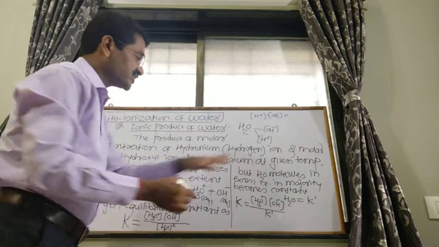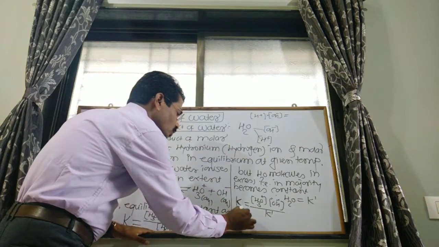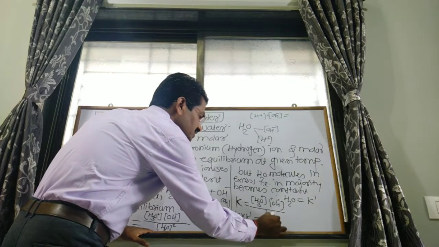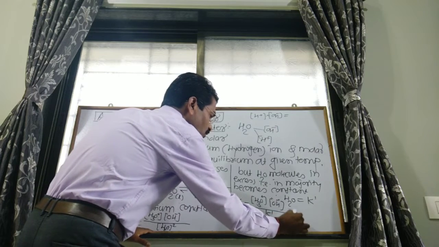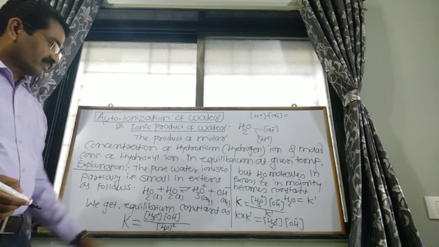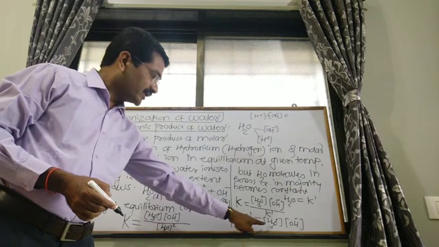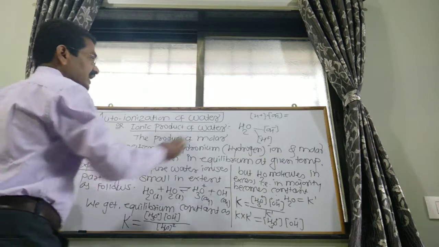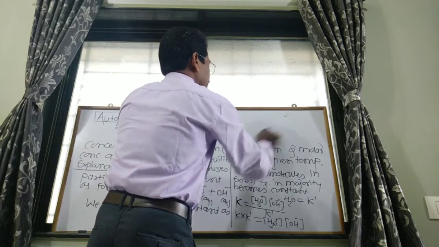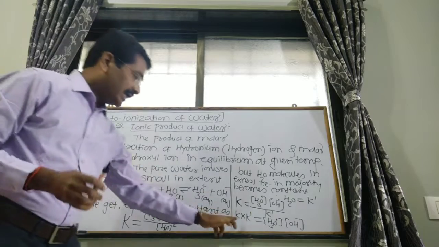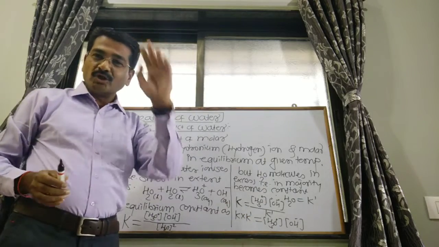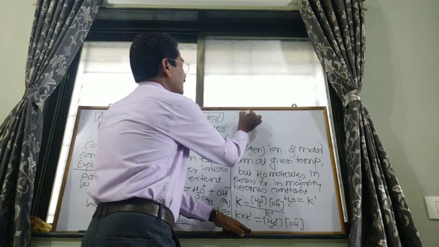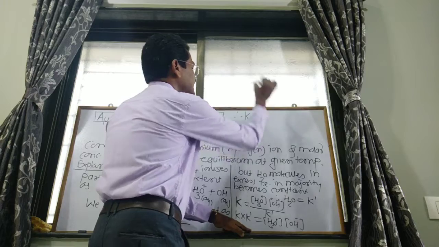K into K dash is equal to the concentration of H3O plus times the concentration of OH minus. K into K dash gives the concentration of hydronium ion times the concentration of OH minus ions. Again, see here, K into K dash gives a new constant, called KW.